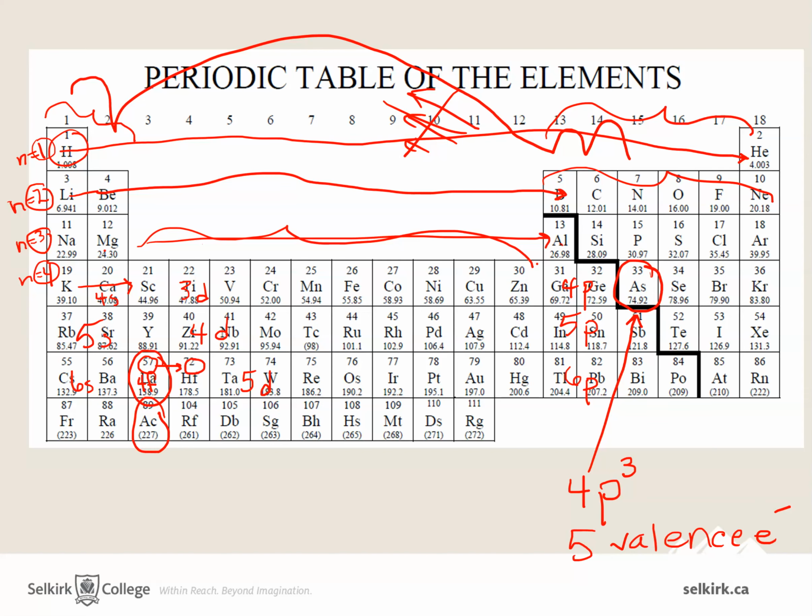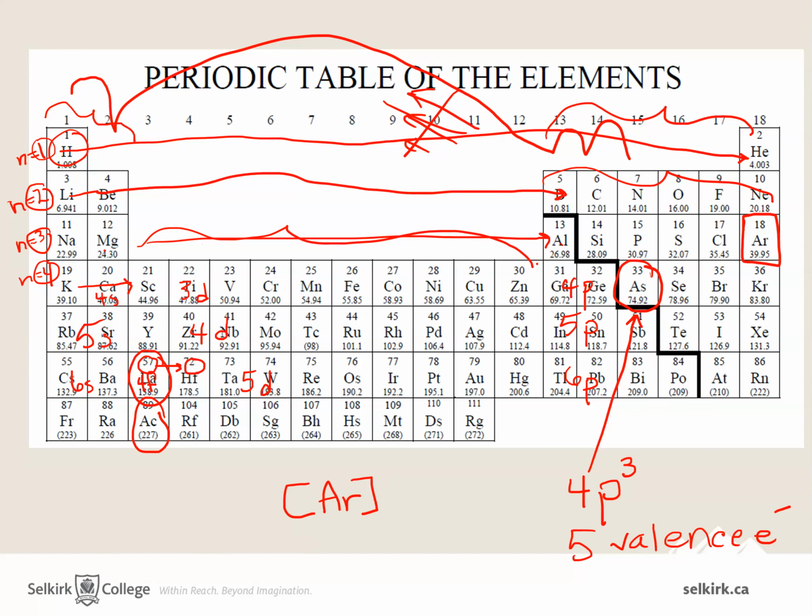And one last thing to show you. I showed you a noble gas abbreviation in the last video. And that didn't seem like much of a shortcut if I had to write the full configuration to abbreviate it with the noble gas. But now for arsenic, all I have to do is go back to the noble gas before it. And if I write argon in square brackets, that means the electron configuration of argon.